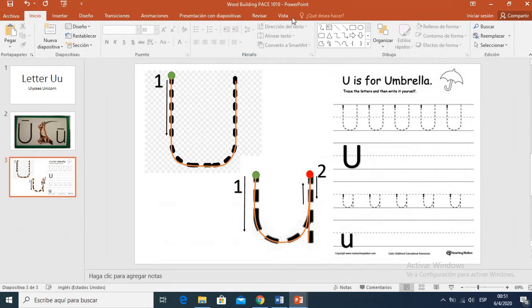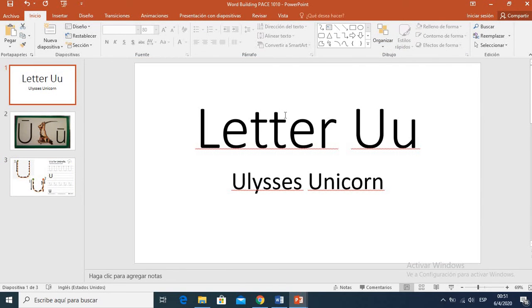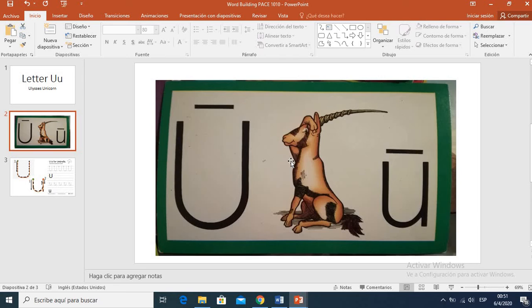Now, you have to work in word building today too. Word building page 1010. The letter for this week is going to be letter U. U. Letter U for Ulysses unicorn. Do you remember Ulysses unicorn?